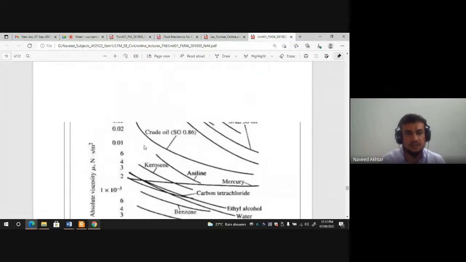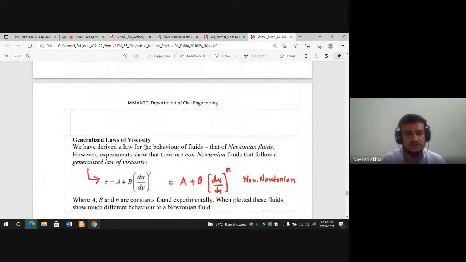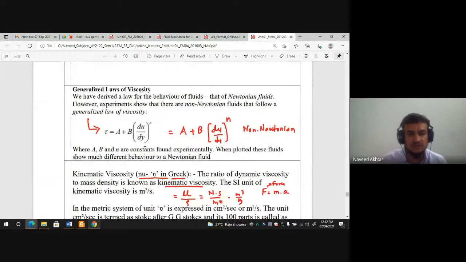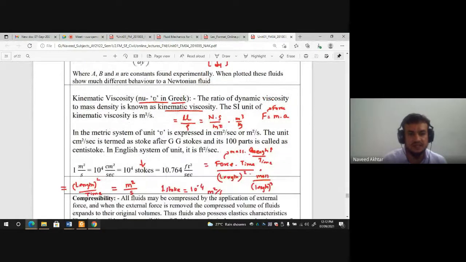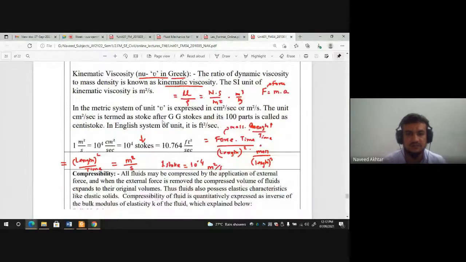Also in the previous class you have seen the general law of viscosity for non-Newtonian fluids, and then the kinematic viscosity nu, that is nothing but the ratio of dynamic viscosity to rho, the mass density.